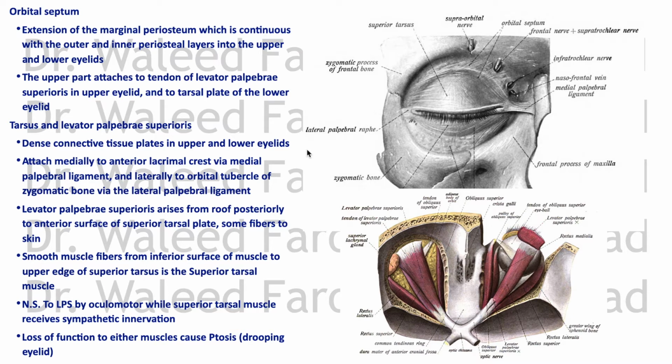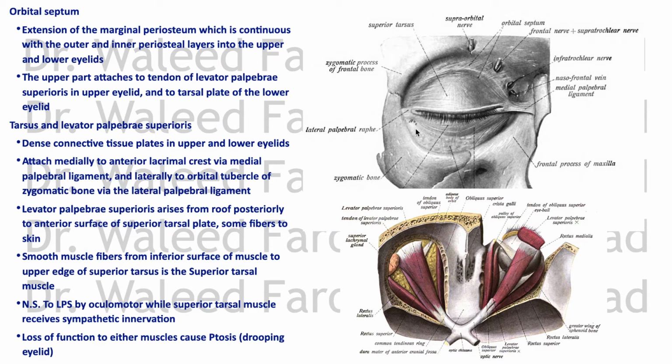Now, what else? Within the eyelids, we mentioned the orbital septum. The orbital septum is an extension of the outer and inner layers of the periosteum that lines the orbit. The inner layer is the one that lines the orbit. The outer layer is continuous outwards. So it's as if you have taken a fold from the periosteum at the margins of the orbit and inserted it in the upper eyelid into the tendon of the aponeurosis of the levator palpebrae superioris and tarsus, and in the lower eyelid you inserted it into the inferior tarsus.